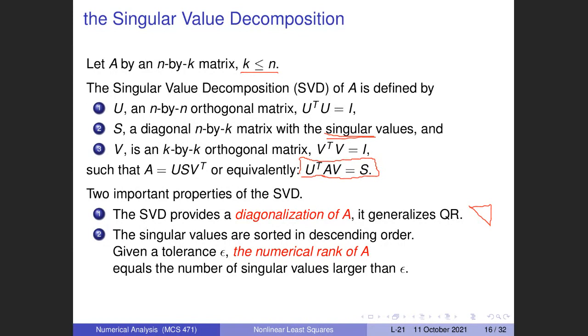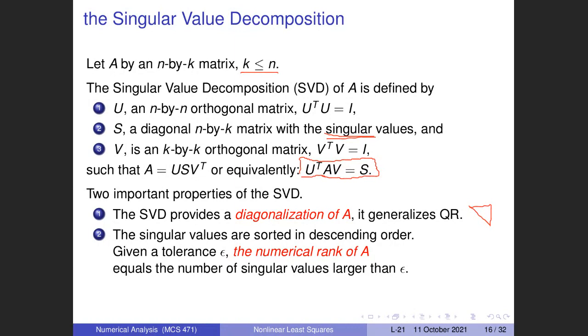The U can be seen as the equivalent to the Q, but there's also a V that is there, also an orthogonal matrix. So from an algebraic perspective, we do more reductions.